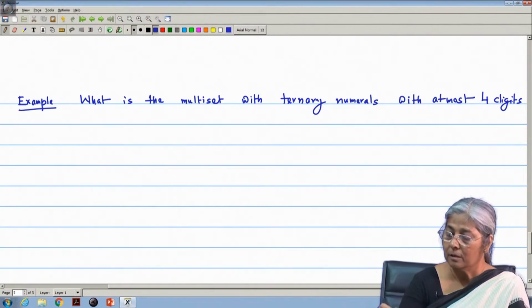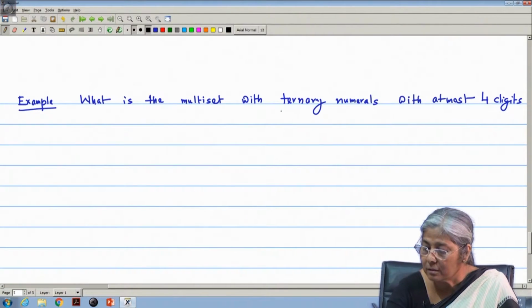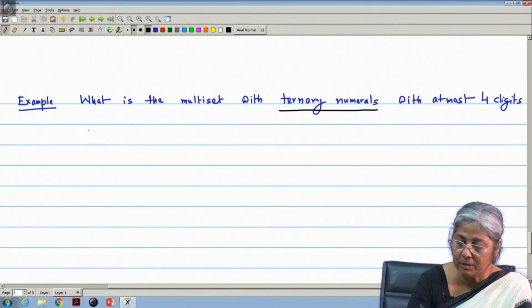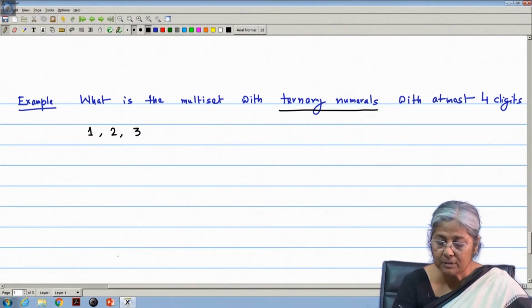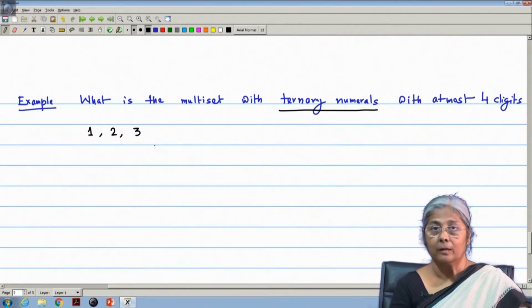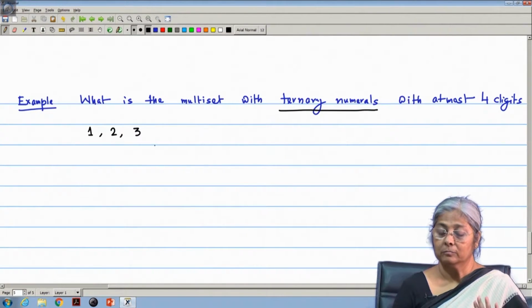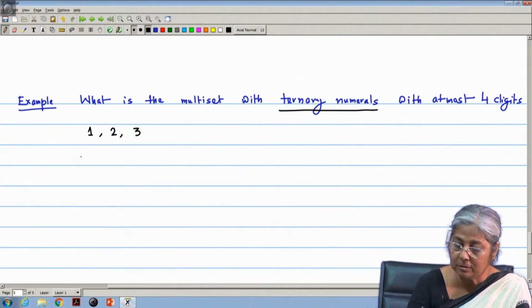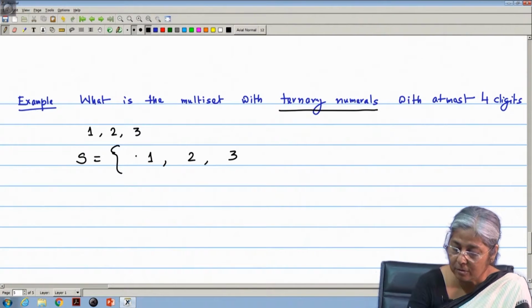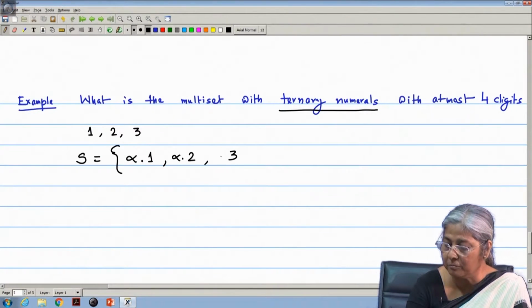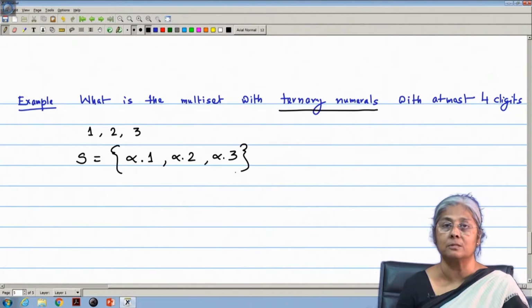What does it mean? With ternary numerals means my numerals can be only 1, 2 or 3, so that set has 3 types of elements. If I consider a set S, 3 types of elements, all are with infinite repetition, because there is no restriction.